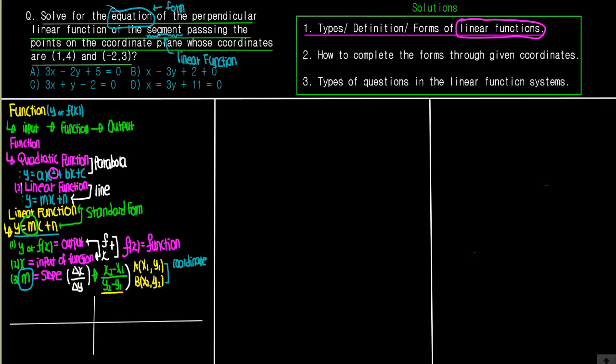So obviously on the coordinate plane, there will be a specific x and y value, the x and the y-axis, which we noted as the horizontal and the vertical axis. Let's say that the line or the linear function goes something like this, and this is just an example. So we're just gonna notate this as y is equal to mx plus n.